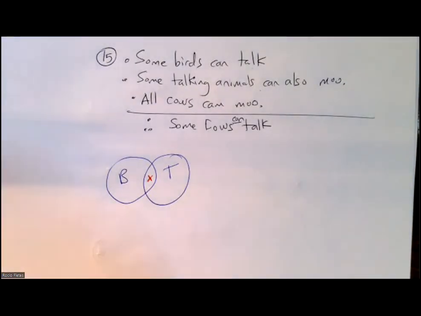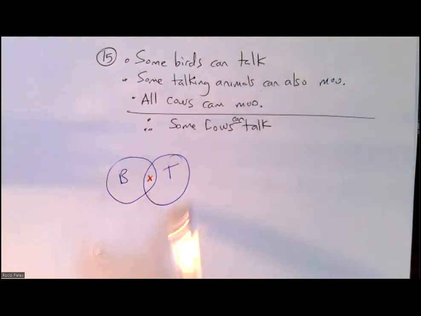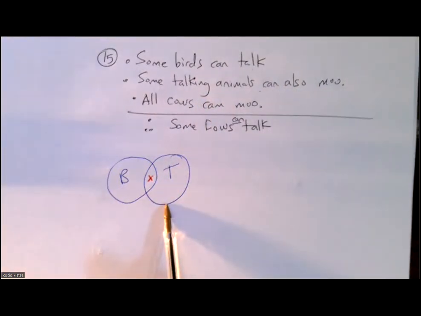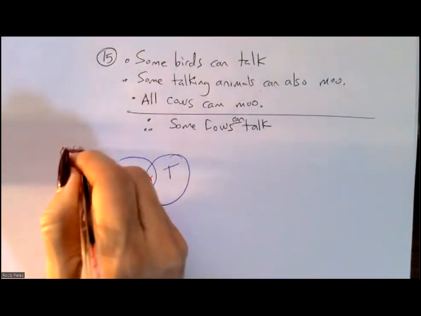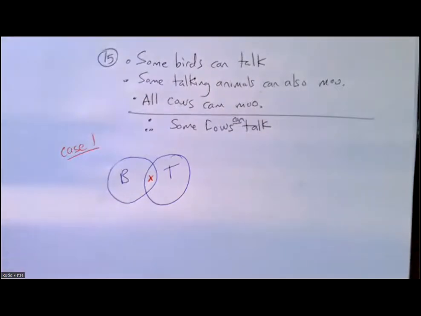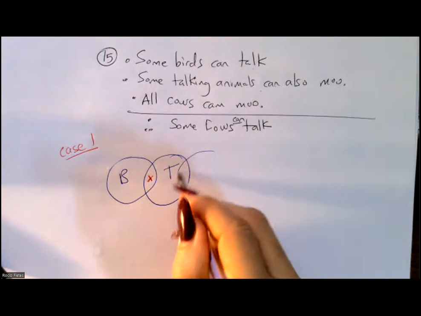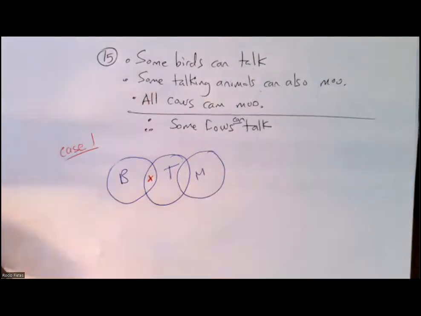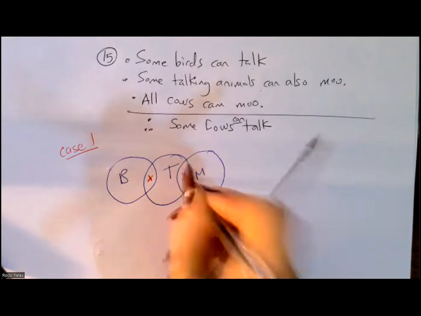And then we move on to the next premise. Some talking animals can also move. Now I'm gonna have cases. Case one possibility: some talking animals can also move, so those animals that move can have an overlap here, right? I'm gonna use Y here for that.